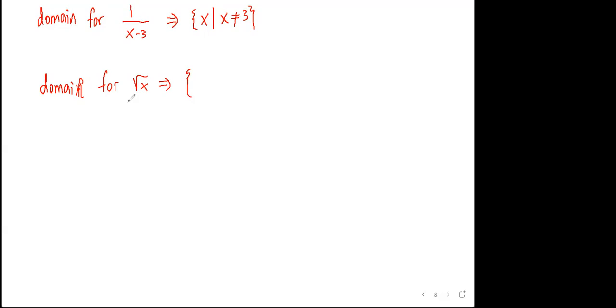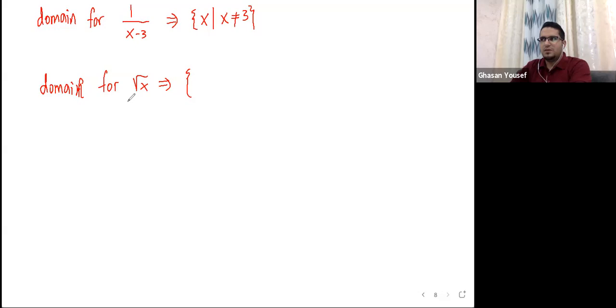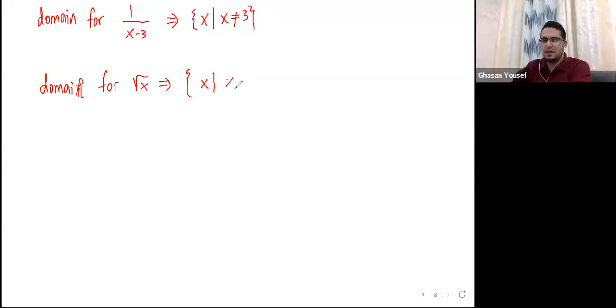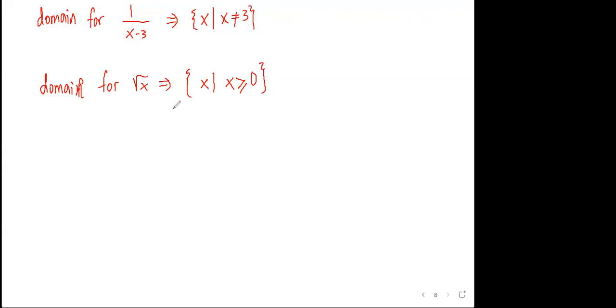Anything greater than 0. It cannot be less than 0 because that's going to be negative, and you don't want a negative under the square root. What about the zero itself? Yes, you can include 0. So all numbers greater than or equal to zero. Okay.